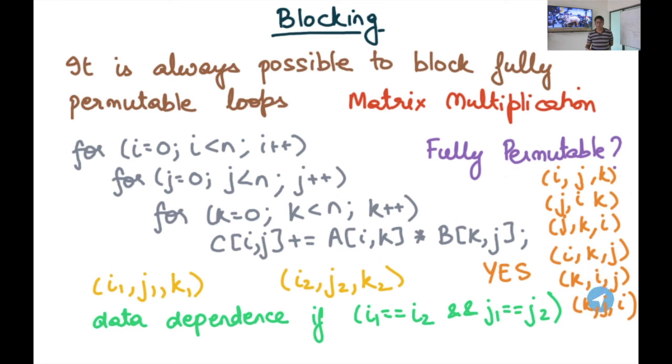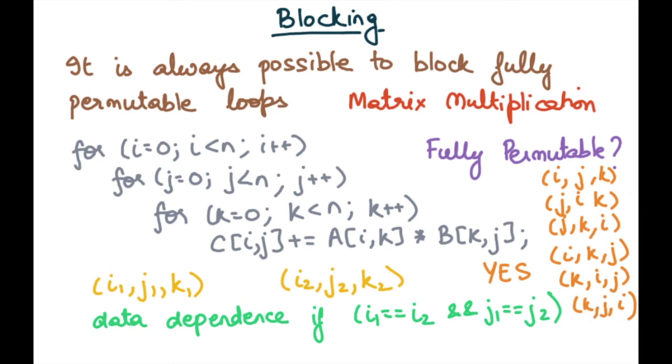Irrespective of what order we choose for this iteration loop, we are going to find that the relative order of k's remains the same. So within a single (i, j), different values of k would have the same relative order, irrespective of what permutation I choose for i, j, k.